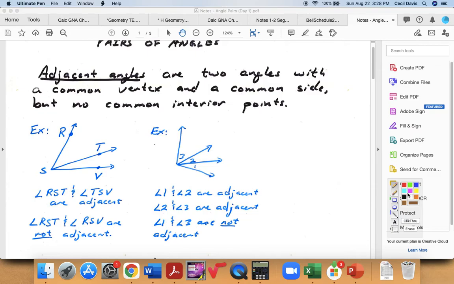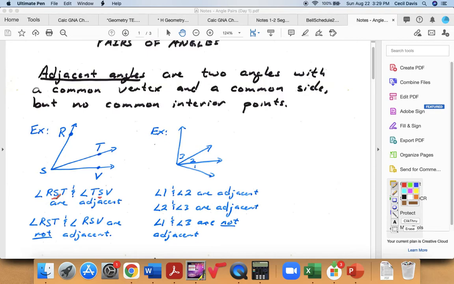So here we have angle RST, this angle, and angle TSV are adjacent to one another. They have to have a common vertex. We can see that just by this. S is the vertex. Notice I can also identify, well, one side of this is ST, the other side is SV.